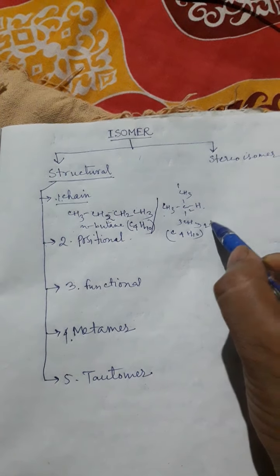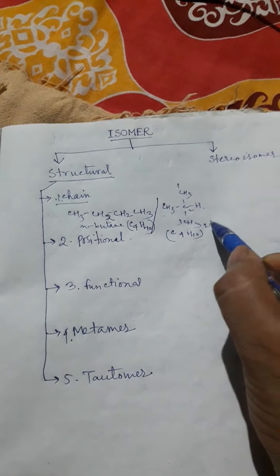Second one, positional isomer. That means the position of the functional group is different. I am giving one example. Suppose CH3 CH2 CH2OH. This is 1 2 3, that means this is propanol.